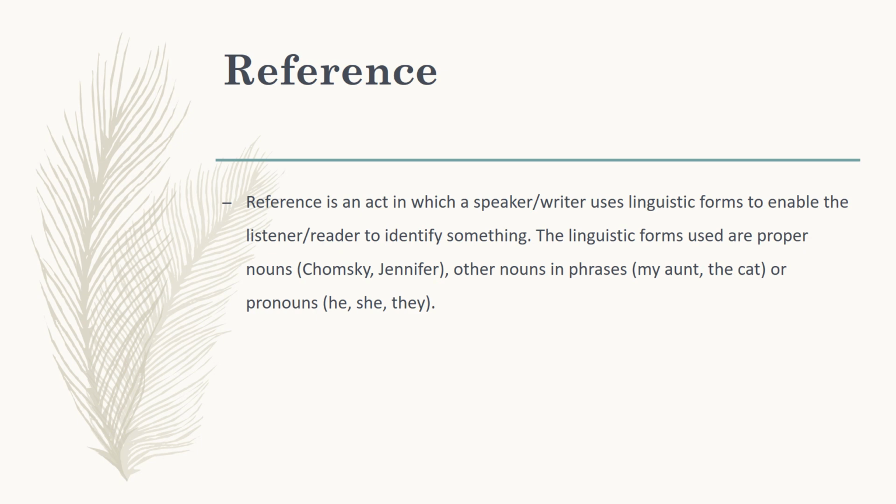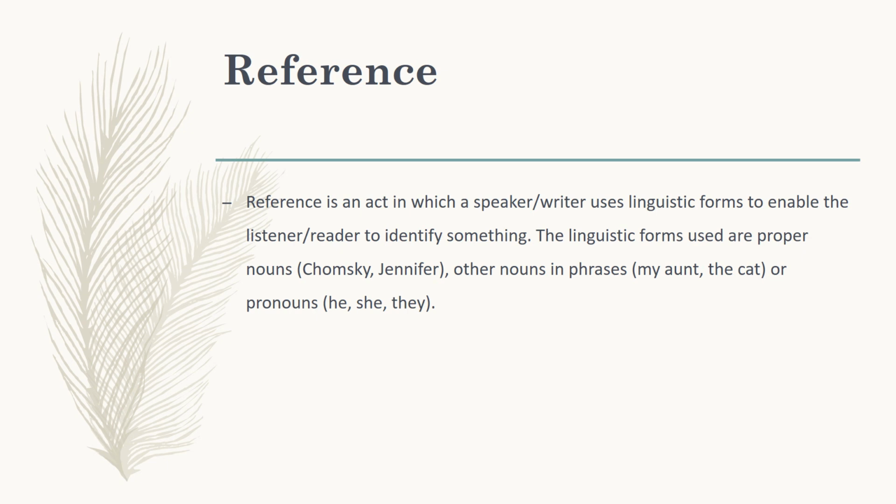In Deixis, we learned that through language we can point at something, right? احنا نقدر نشير إلى شيء ما بواسطة الديكسز أسماء الإشارة. However, reference is the use of deixis, for example, or any other linguistic form to identify something, a person, or anything. ممكن نستخدم, we can use linguistic forms just like proper nouns, Chomsky, Jennifer, صح?